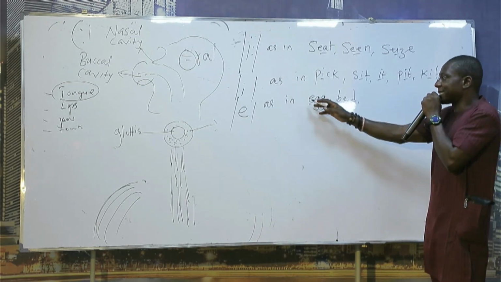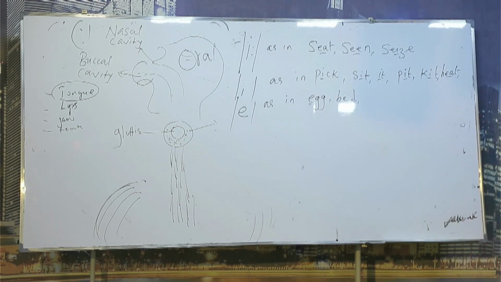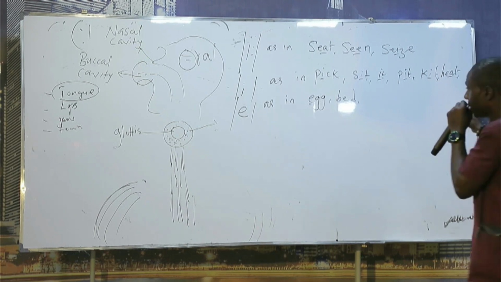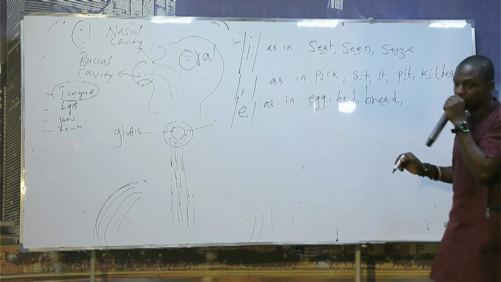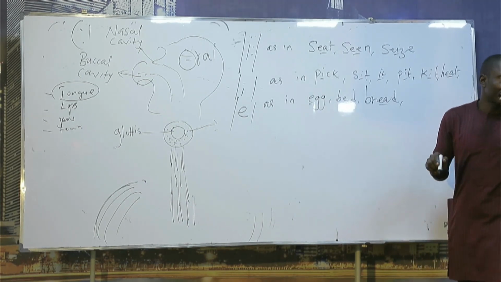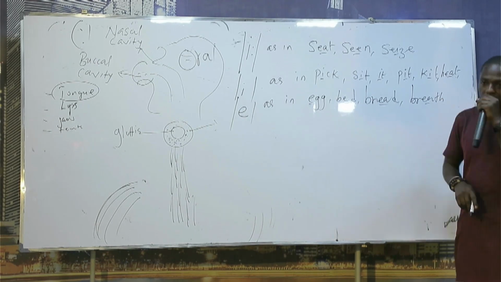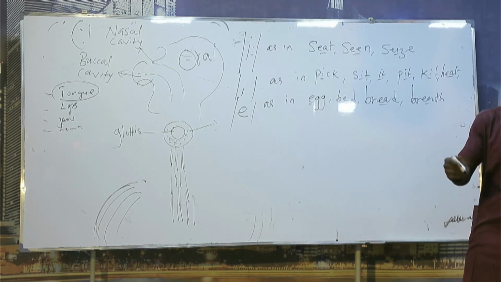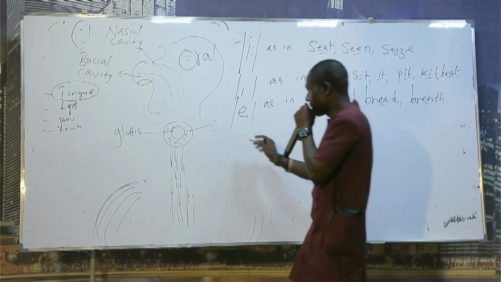Can you give me where this letter is at the end of a word, or at the middle of a word? Just give me one word. Bread. Okay, breath. Nice one. Even test has it in the middle. Test, T-E-S-T. Okay? Nice one.